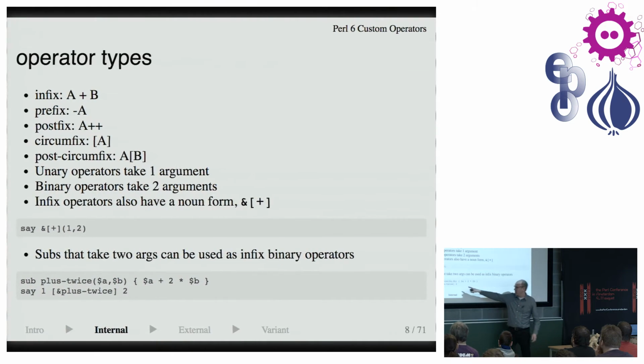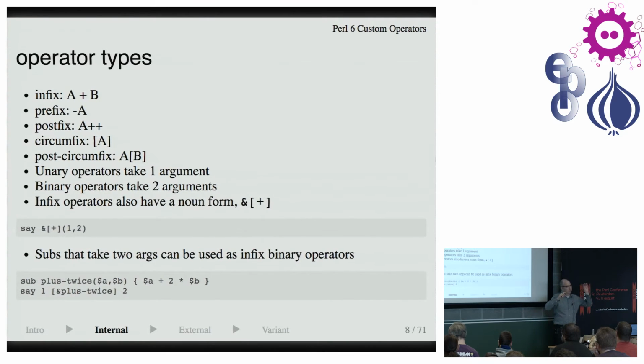Here we have an example of a subroutine called plus-twice, which takes the first argument and adds 2 times the second argument. You can call it with the arguments afterwards, but you can also put an ampersand in front of it, put brackets around it, and then you can say 1 plus-twice 2. So out of the box, without doing anything crazy, you already have some interesting constructs for any subroutine that takes 2 arguments.